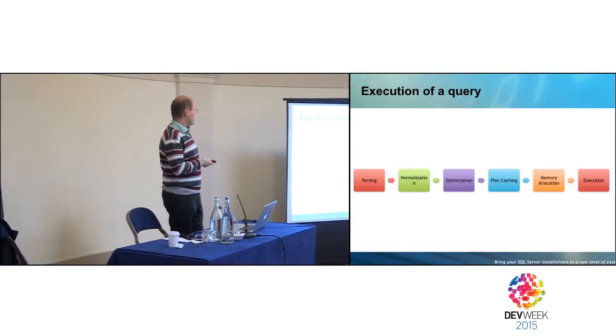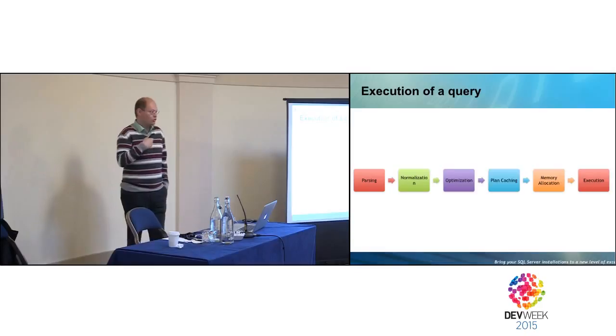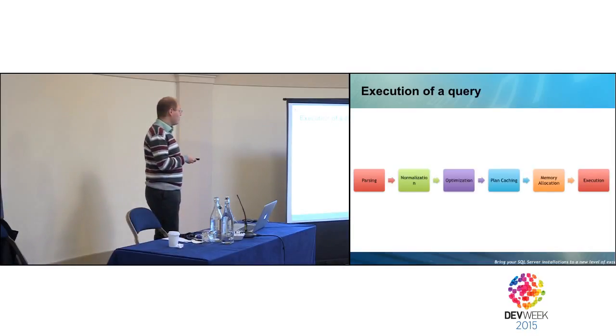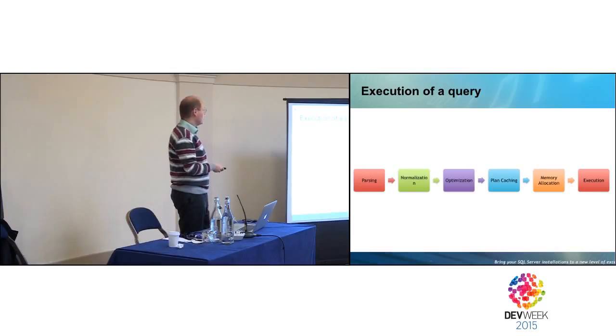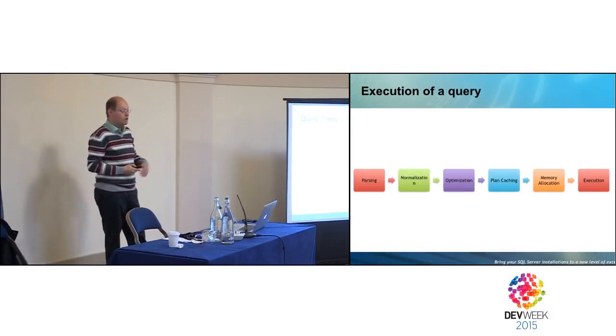Then SQL Server allocates memory for our execution plan, and when that memory allocation was granted to our query, then SQL Server can finally execute the query itself. So you can already see from the beginning, when we submit the query to SQL Server to its final execution, it's a very, very long way and time in SQL Server.